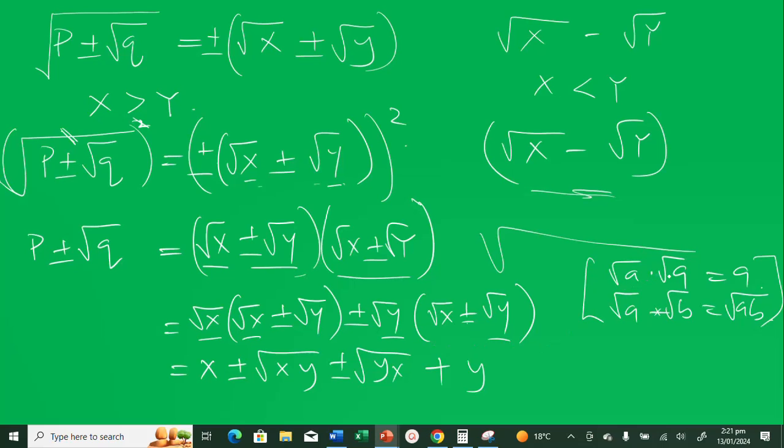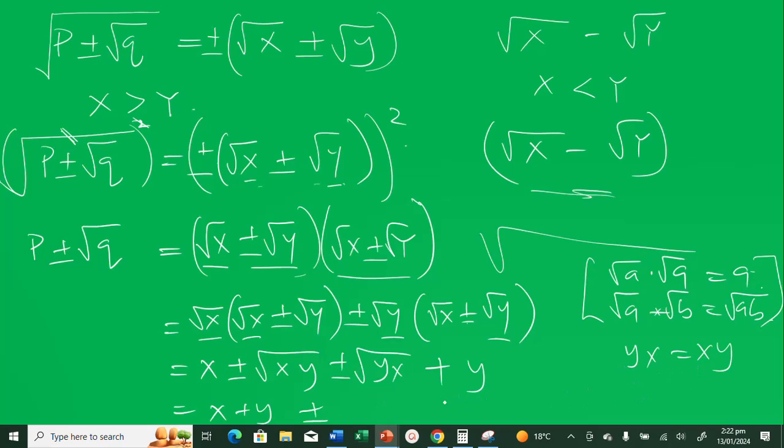This times this, using this rule. Now we have x plus y plus or minus this 2, which is the same thing. You know that yx is equal to xy, that is the product rule.